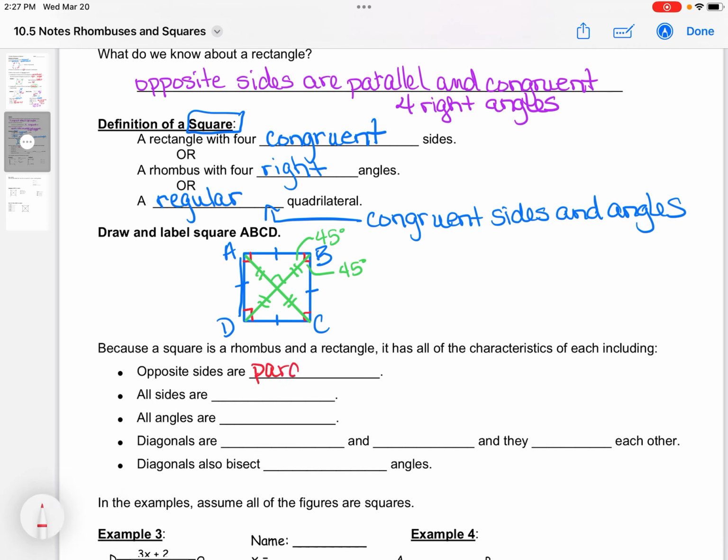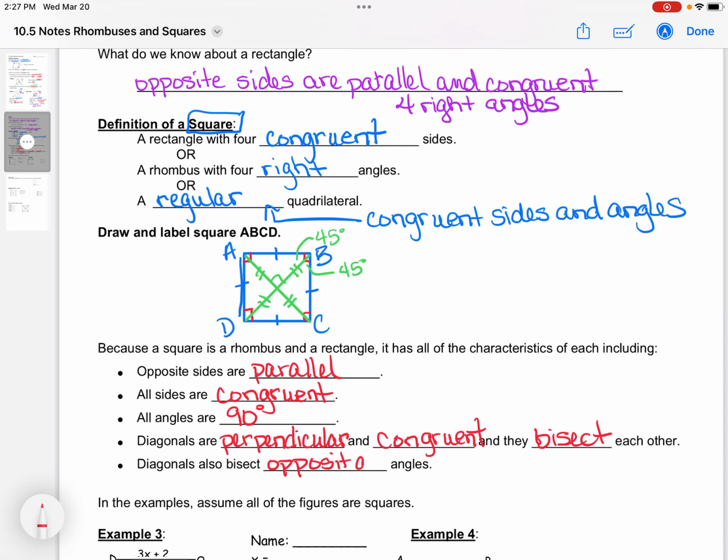So squares are the easiest because everything's the same. So let's change to opposite sides are parallel. All sides are congruent. All angles are 90 degrees. The diagonals are perpendicular, and congruent, and they bisect each other.